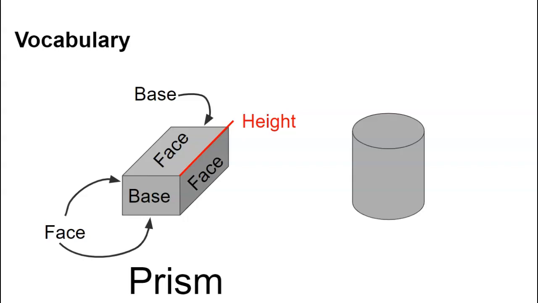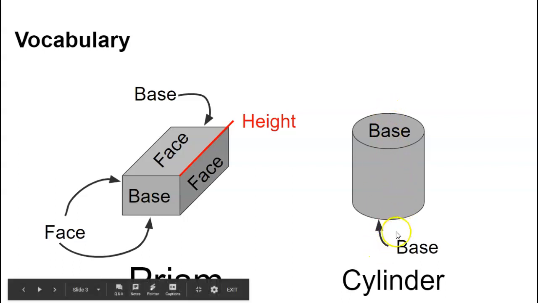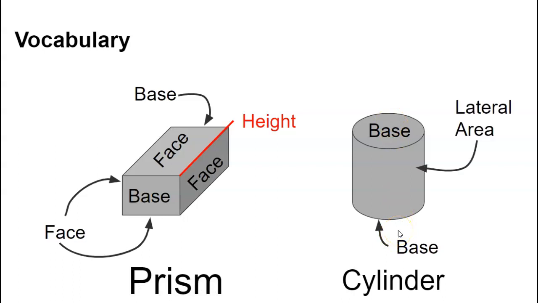In a cylinder, it still has bases. It's just that its two bases are circles. And because it is a circle, our faces can't be rectangles. There are no distinct faces connecting them.